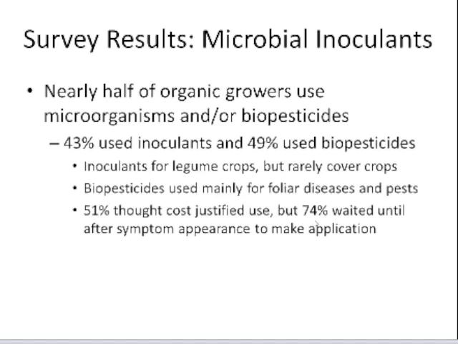However, most of them waited until after symptom appearance to make applications, and this is one of the downsides of misunderstanding the utility of these types of inputs, because most of them are preventative and inoculative, and if you wait until you see symptoms, there's already an established infection, and so they tend not to be as useful.